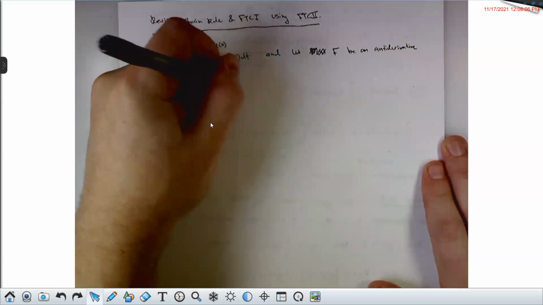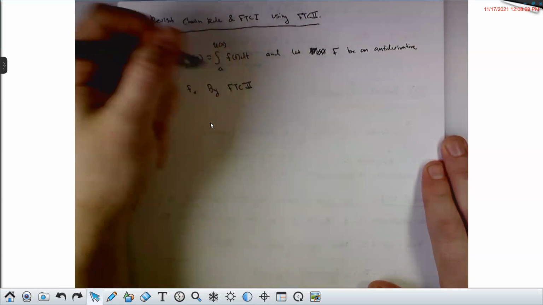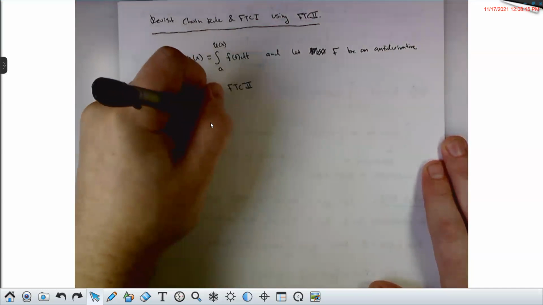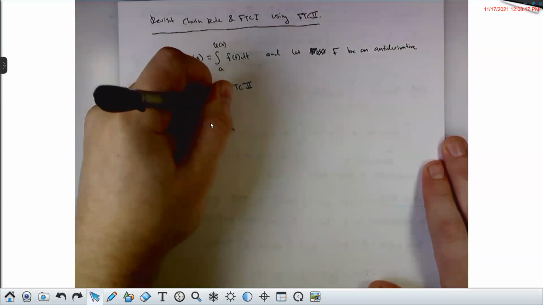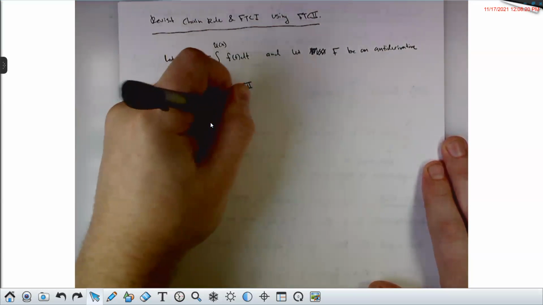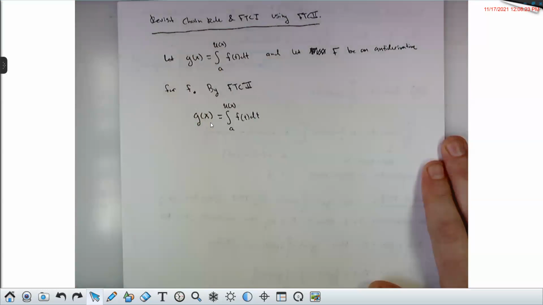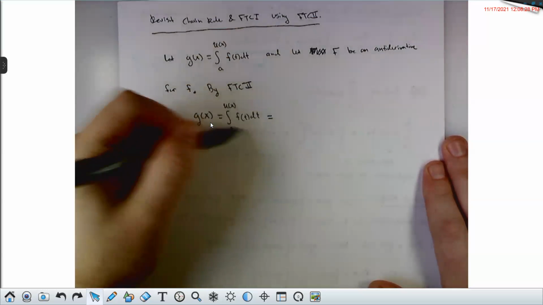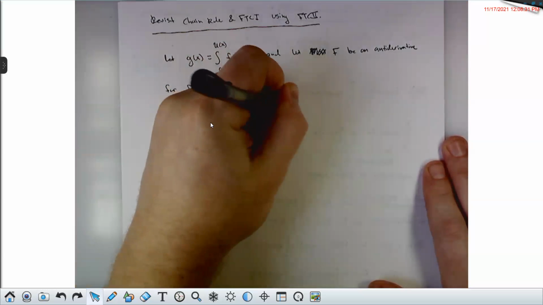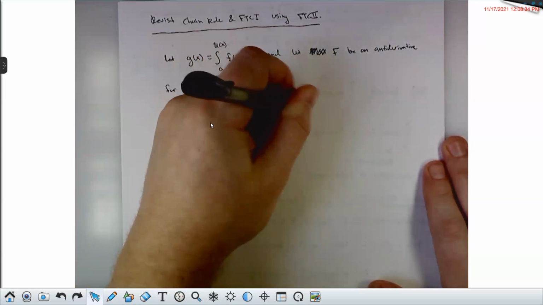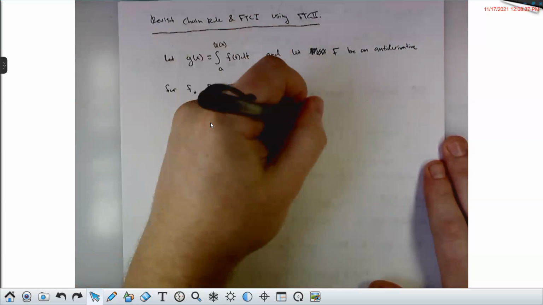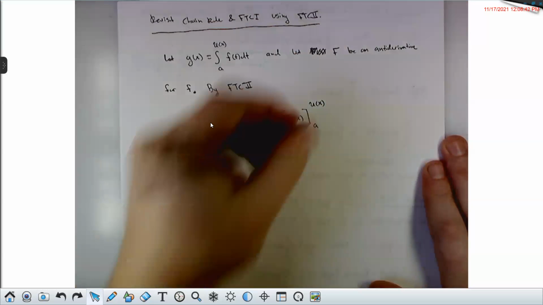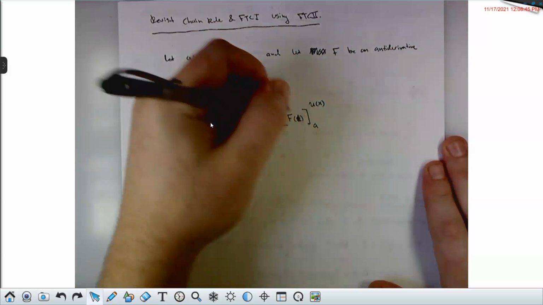By FTC2, what do I have then? G of x, which is the integral from a up to u of x of little f of t dt, just copying that down. Applying FTC2 to this integral, that would be big F of t evaluated between the bounds a and u of x.